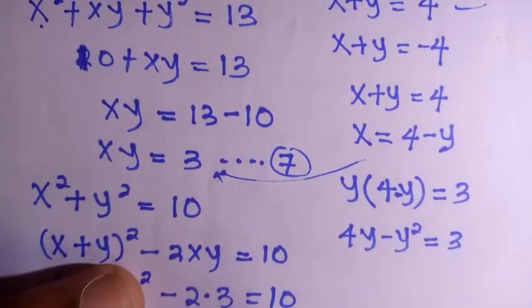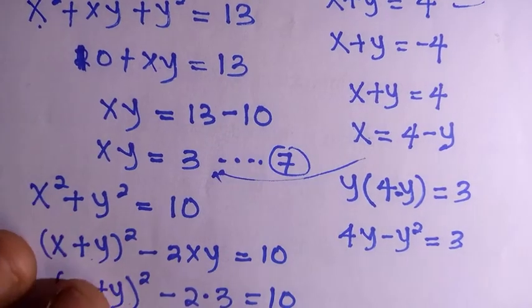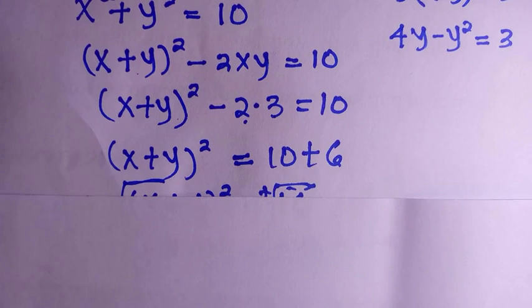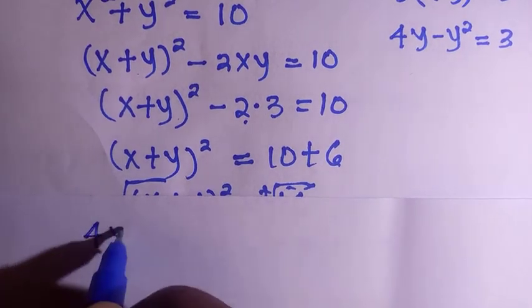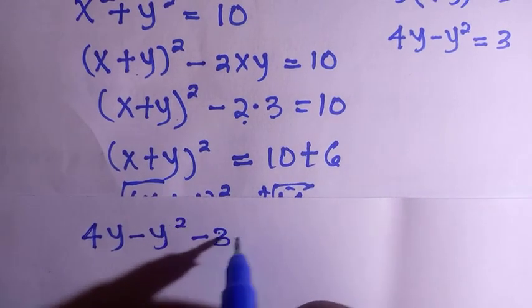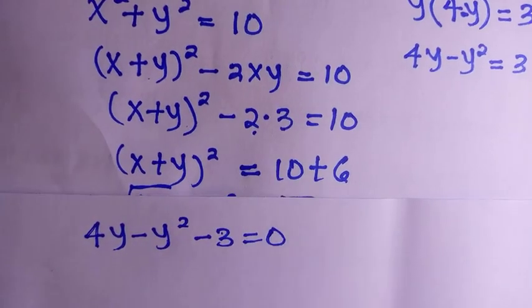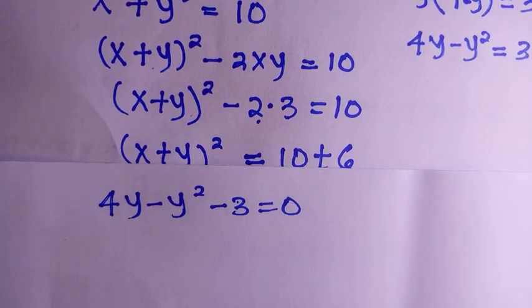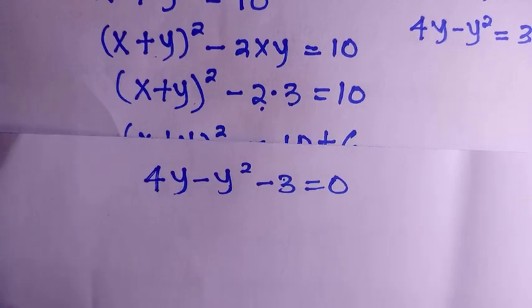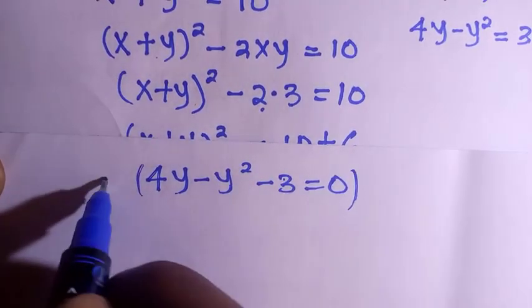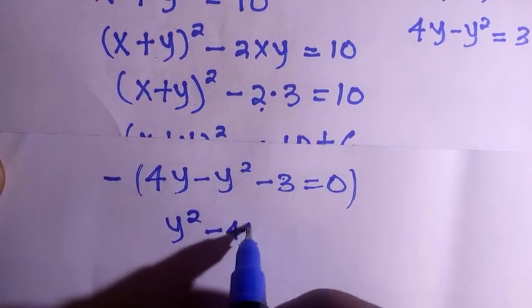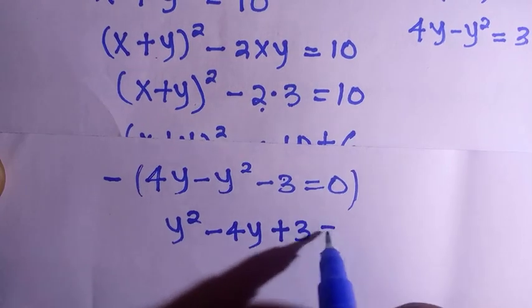Then we transfer 3 to this side, and it becomes 4y minus y squared minus 3 equals 0. If you do the rearrangement and multiply through by negative, here becomes y squared minus 4y plus 3 equals 0.